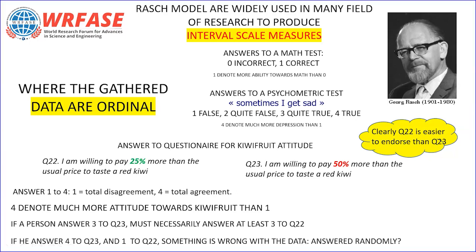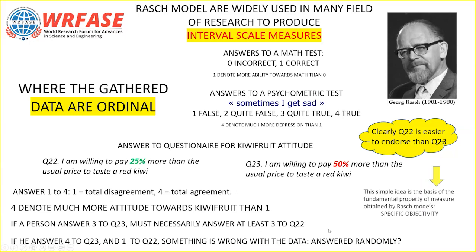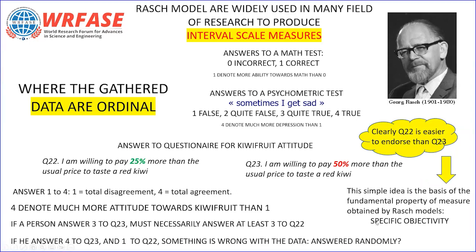Maybe this person answered randomly, and it is better to exclude them from the analysis. This simple idea is the basis of the fundamental property of measures obtained by the Rasch model, that is specific objectivity.